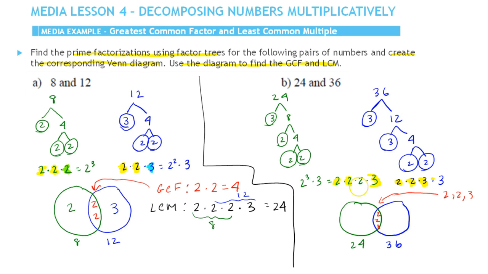Well, that would be 1 more factor of 2, and 36 has 1 more factor of 3. So our GCF is the product of all the numbers in the intersection. So 2 times 2 times 3. Well, 4 times 3 is 12. So the greatest common factor of 24 and 36 is 12.